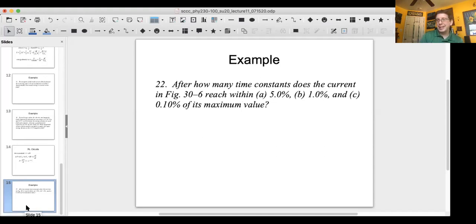So now let's do an example, and then we're going to be done for this chapter. After how many time constants does the current in figure 30.6 reach within 5.0%, 1.0%, and 0.10% of its maximum value? So let's visualize this.